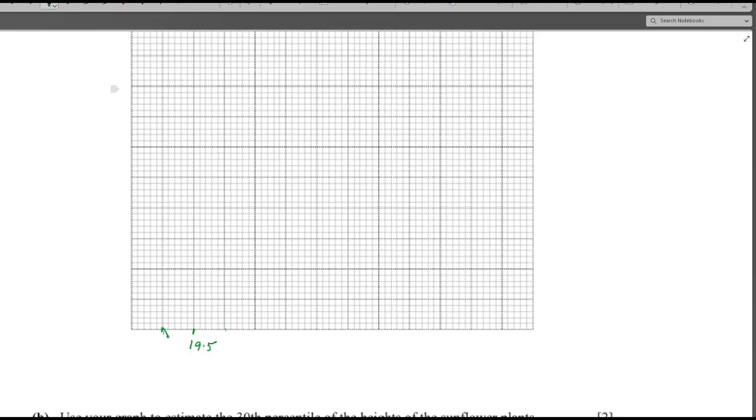On the safer side, we can use a kink symbol to indicate that some values which are not required are omitted. So I'm starting from 19.5 on the x-axis, the horizontal axis.